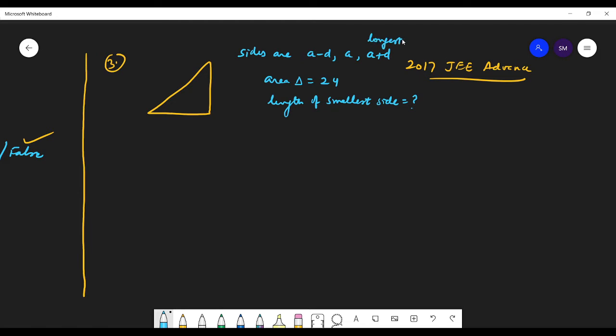A plus D. Which one is the smallest? A minus D. Okay. So students, this is 90 degrees. You know the longest side is your hypotenuse, always. Agreed? And the other two sides are A minus D and A. Agreed?